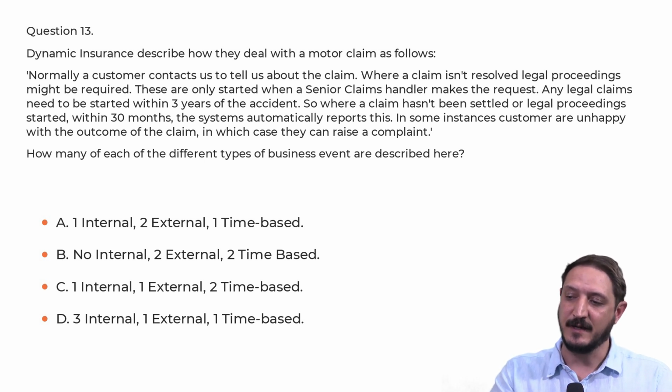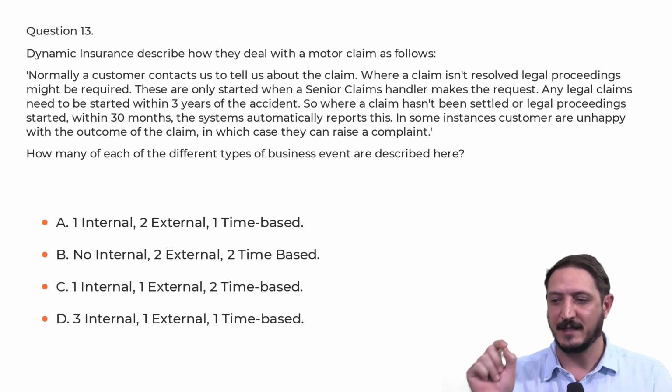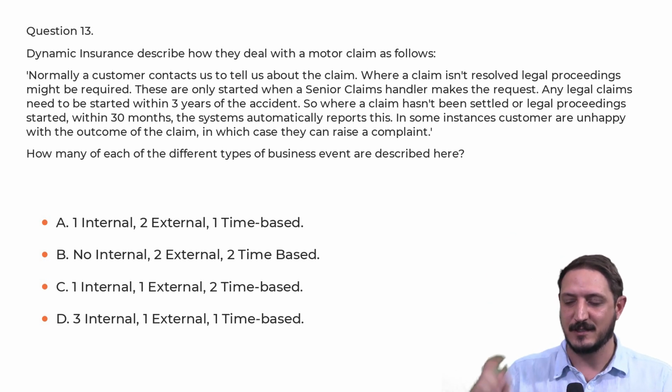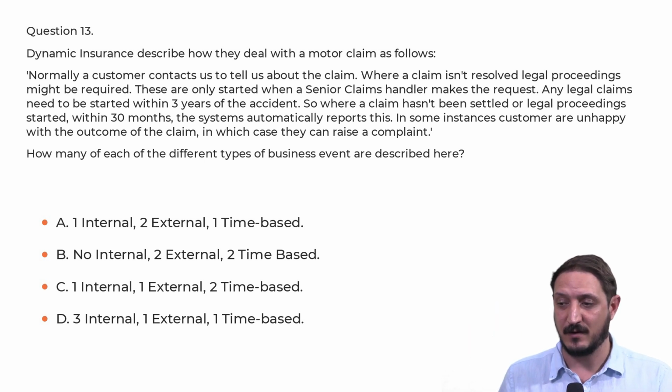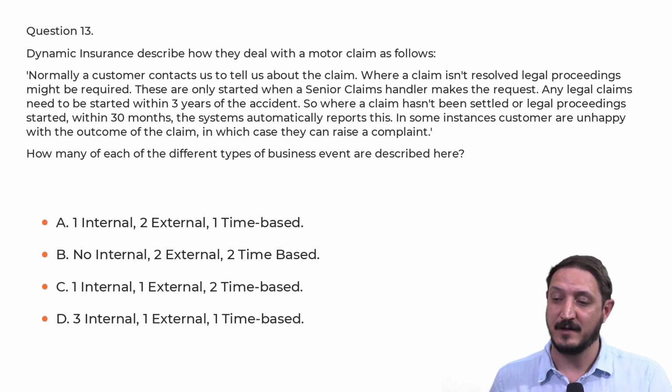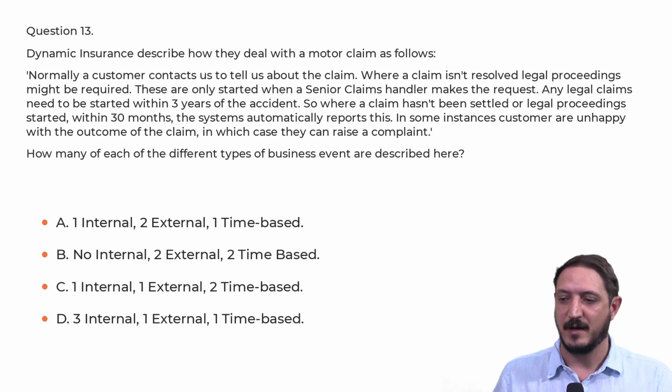Then it goes on to say, these are only started when a senior claims handler makes the request. So here they're indicating an actor, as they did before. The customer was the actor who was actually triggering the claim when they were talking to them about the claim. In this case, the actor is the senior claims handler. He's the person that's actually triggering this business event.